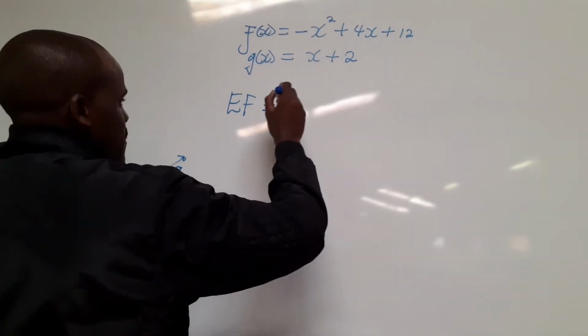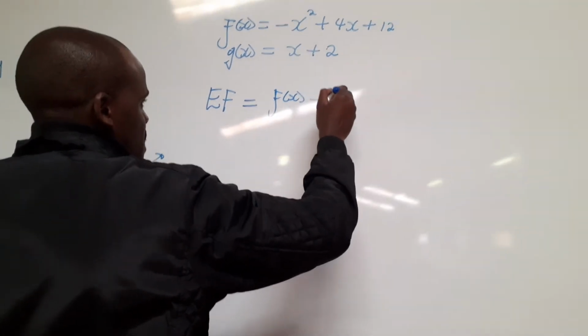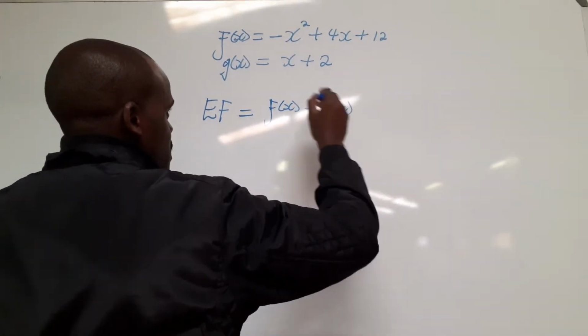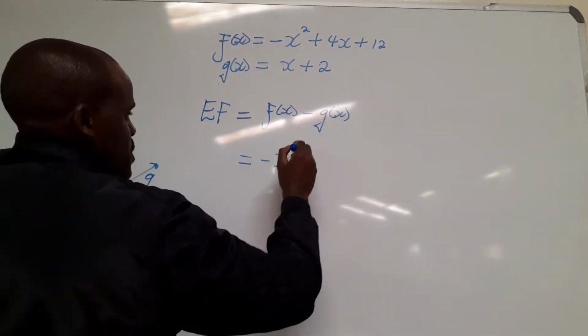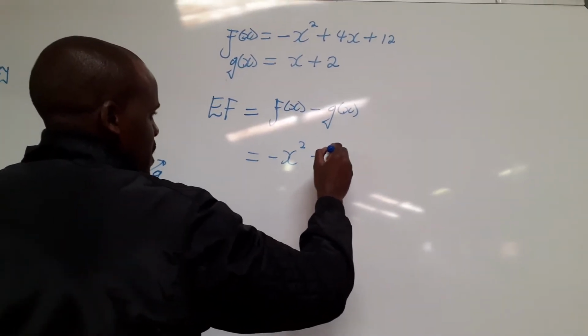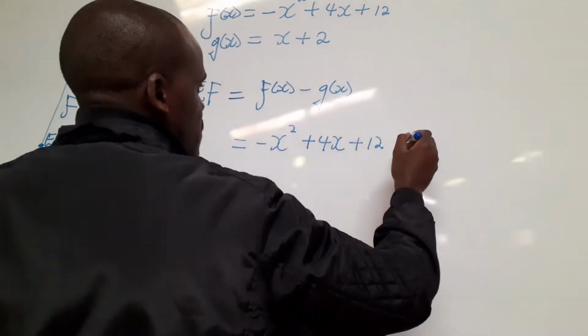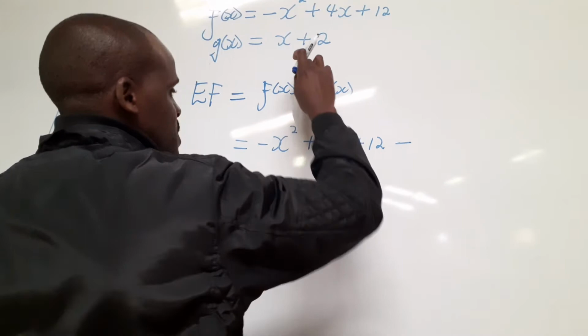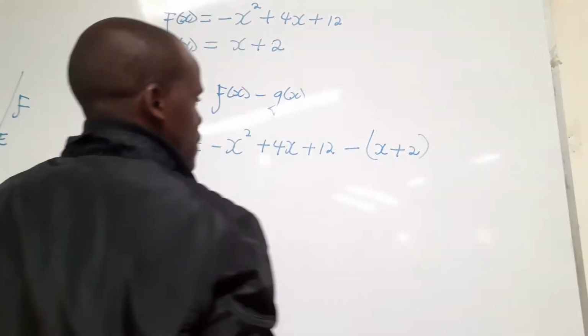The length of EF is given by f(x) minus g(x). We are using now these equations. It's minus x squared plus 4x plus 12 minus this, which is x plus 2.